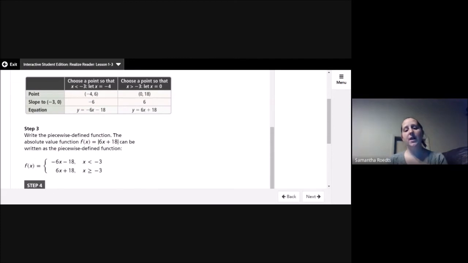So I write a piecewise defined function. The absolute value function, f of x equals the absolute value of 6x plus 18, can be written as the piecewise defined function f of x equals -6x minus 18 when x is less than -3, and 6x plus 18 when x is greater than or equal to -3.